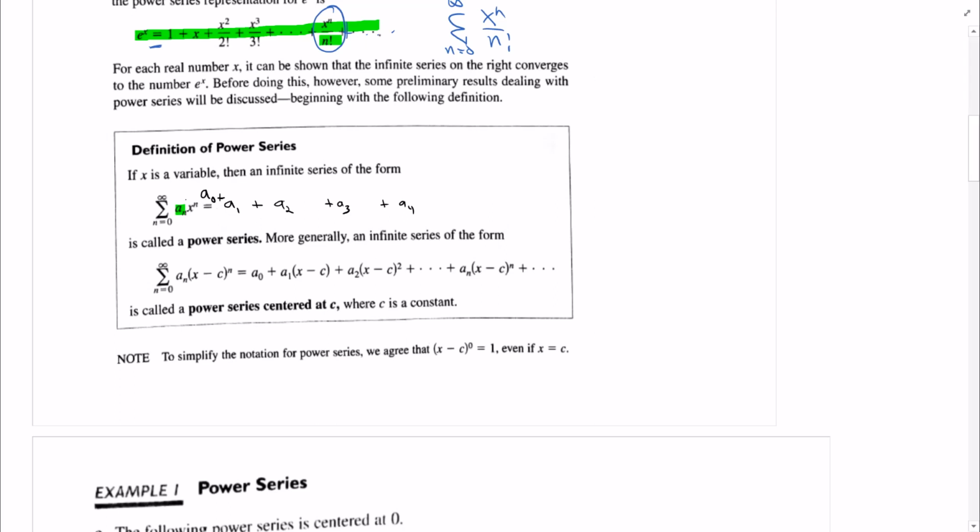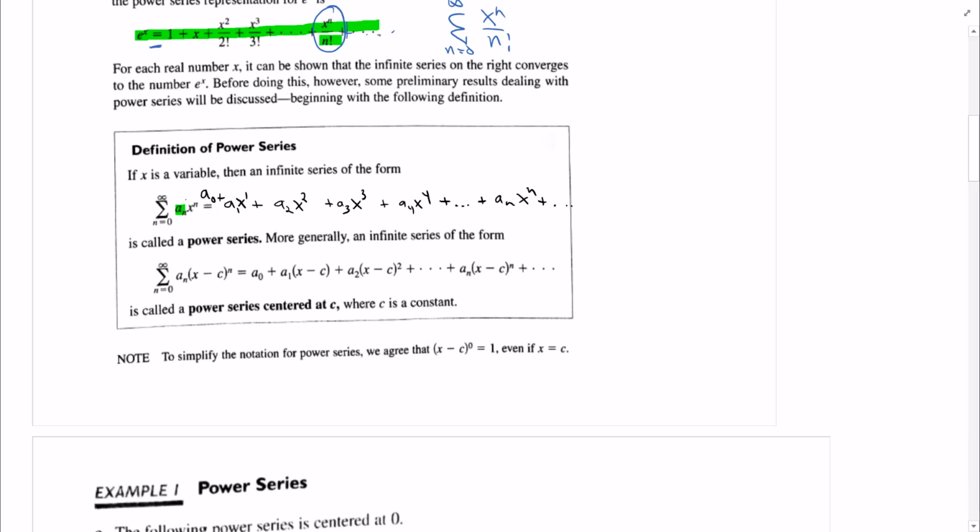When I plug in 0, I get x to the 0, which is 1. When I plug in 1, I get x to the 1. When I plug in 2, I get x squared, x to the third, x to the fourth, plus a to the n, x to the n. There's the nth term again, and then I keep adding after that.